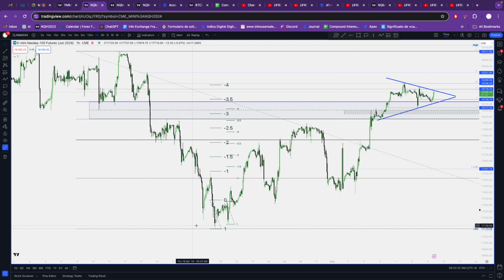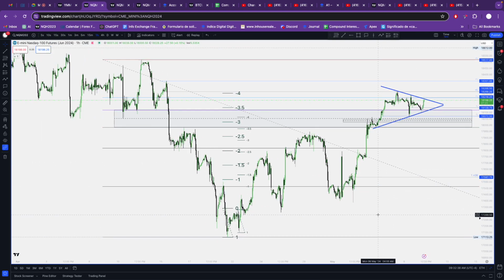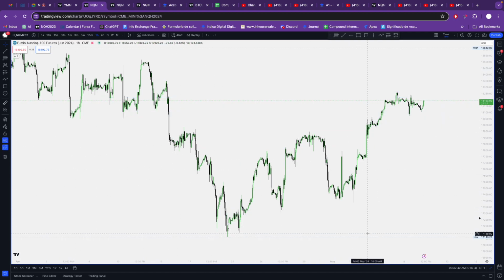So here we are, sell side, buy side. Yeah, and that's a possibility. And then here we have our manipulation leg. We run up stage one, run up again, stage two, then we just accumulate. And now we take off.